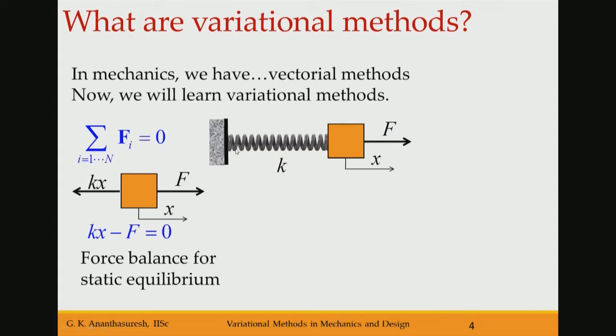So, if I take a spring and a mass under static condition, if the spring constant is k and we have a force F acting on it, and we denote the displacement of this mass as x. Okay.